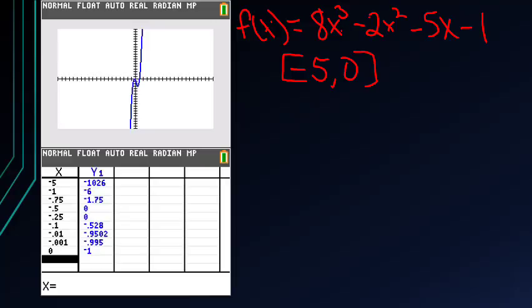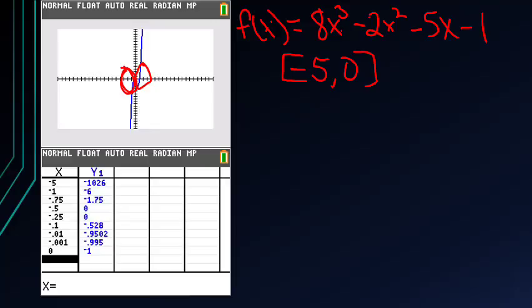So here I've got the function graphed, and I can see kind of right there, I kind of covered it up, it looked like the graph bounced off the x-axis, and I can definitely see that it's crossing the x-axis here.